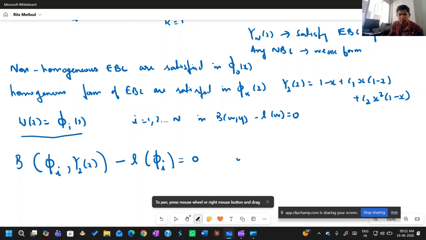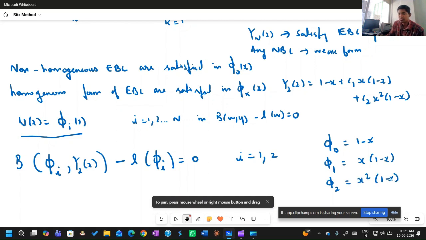For our problem, i is equal to 1 and i is equal to 2. We know that phi naught is equal to 1 minus x, phi 1 equal to x into 1 minus x and phi 2 equal to x squared into 1 minus x.